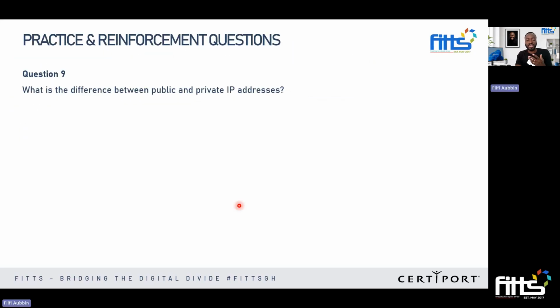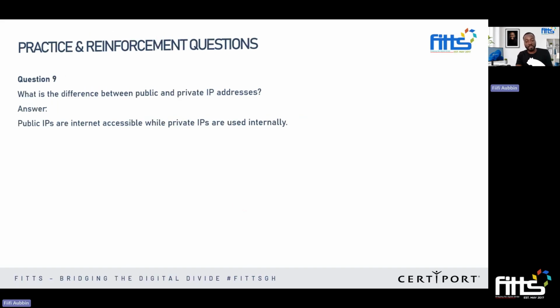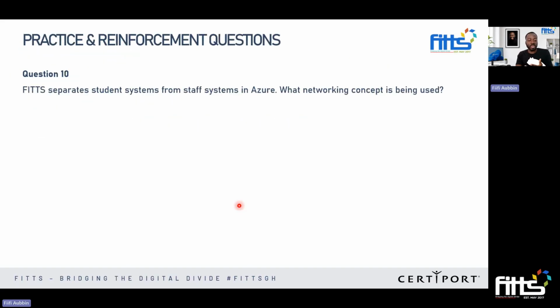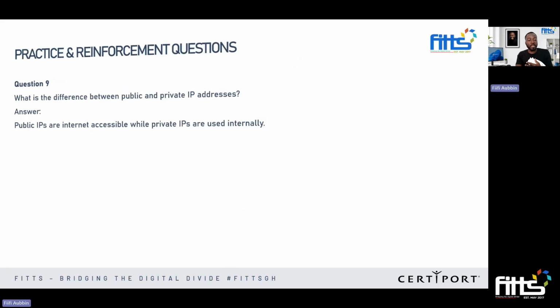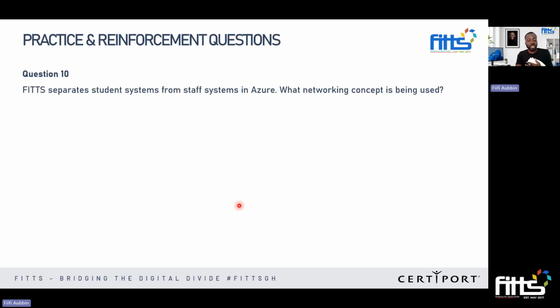Question number 9, what is the difference between public and private IP addresses? The answer is public IPs are internet accessible while private IPs are used internally. Okay. So go to question number 10. FIT separates student systems from staff systems in Azure. What networking concept is being used here?